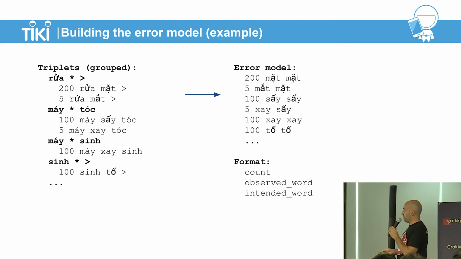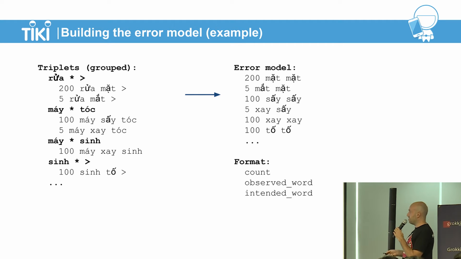Okay, after that we group the triplets. So let's say we group the, anything, and the end of the sentence. We have only 2 triplets which can be grouped under this grouping, right? One is the mat and the end of the sentence, and another one is the mat and the end of the sentence. Another grouping which we can come up with is my something top, and we also have only 2 triplets which come into this grouping.